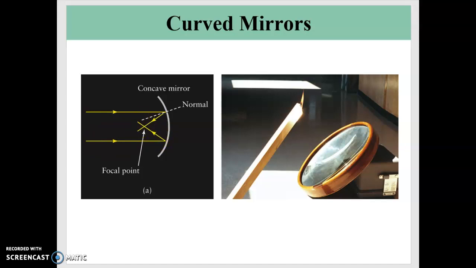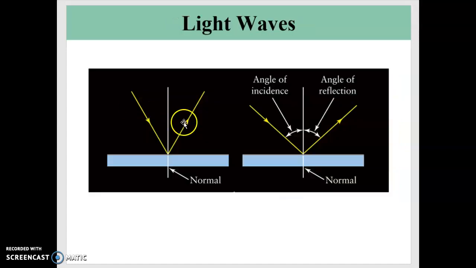Right, so if you recall, we said that when light bounces off of a flat surface, the angle of incidence and the angle of reflection are equal, right? The angles of incidence and reflection are measured with respect to this normal, right? And again, the normal means perpendicular.